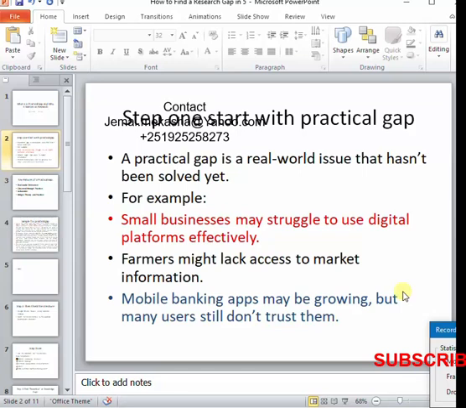For instance, you may observe that small businesses in your community or in your organization struggle to use a digital platform effectively because of different challenges like lack of sufficient structure, lack of sufficient skill and training. Or you may observe that farmers in your community are claiming that they lack access to market information and they sold their product at a low price because of this lack of sufficient market information, and so on.